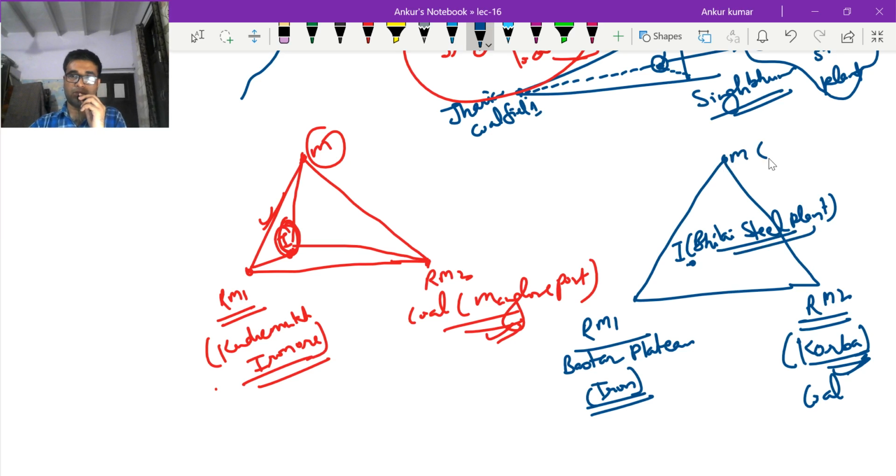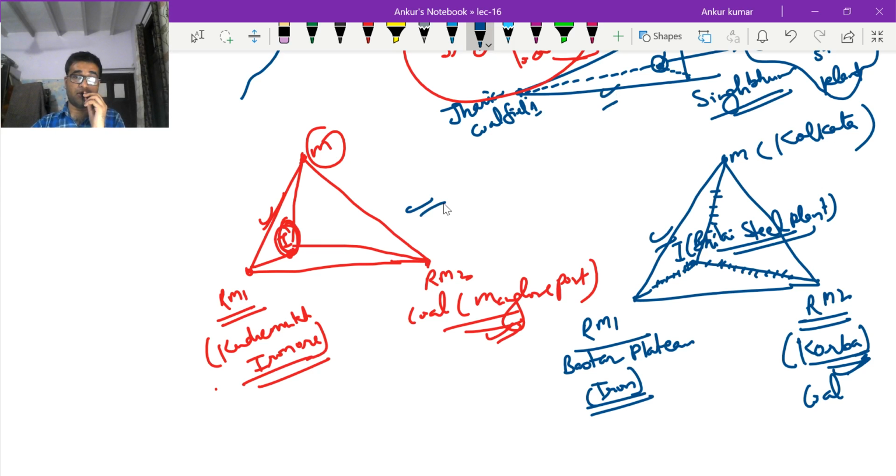Okay, and this is market here, that is Kolkata. Okay, so this is industry here. So this is the coal based, iron ore based industry that we see. First is the Jamshedpur, then here the Bhadravati steel plant, and then here the Bhilai, right?